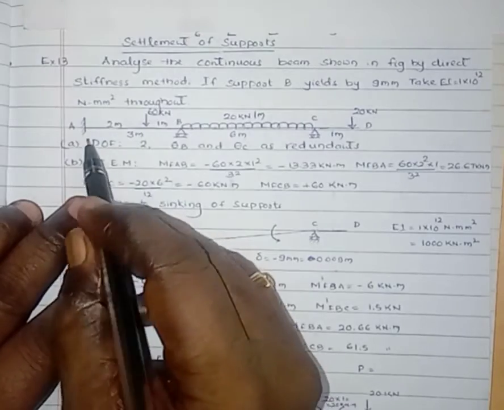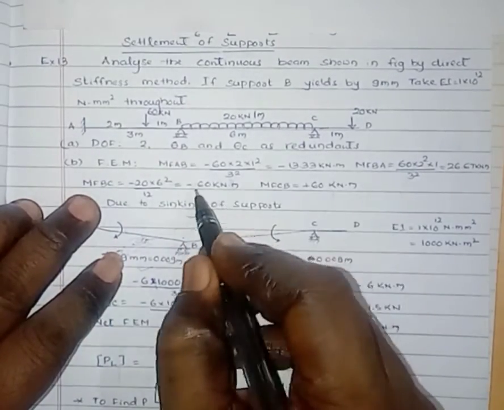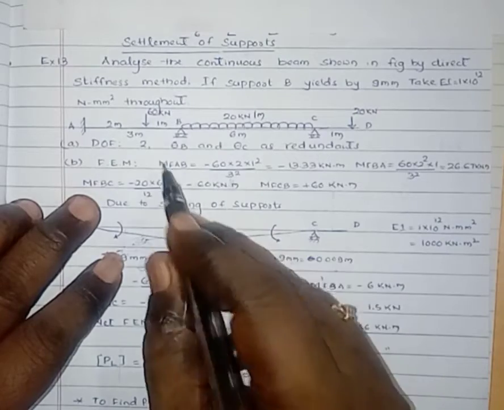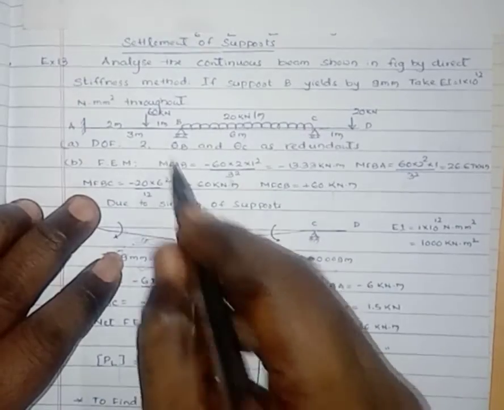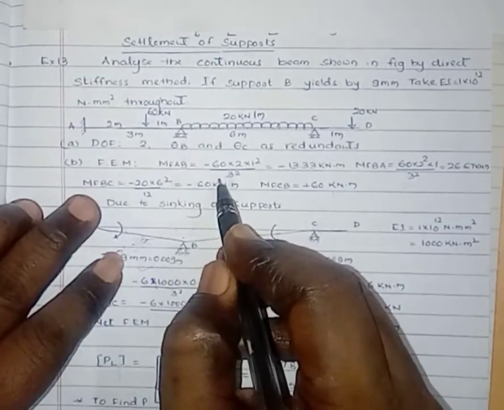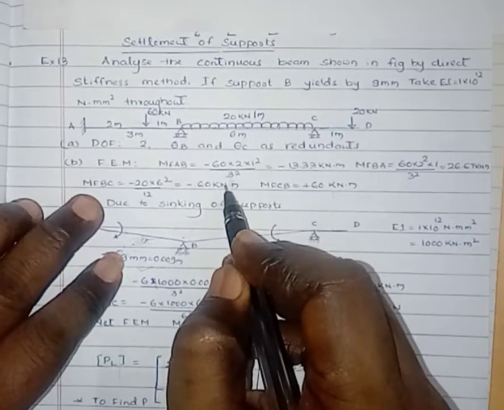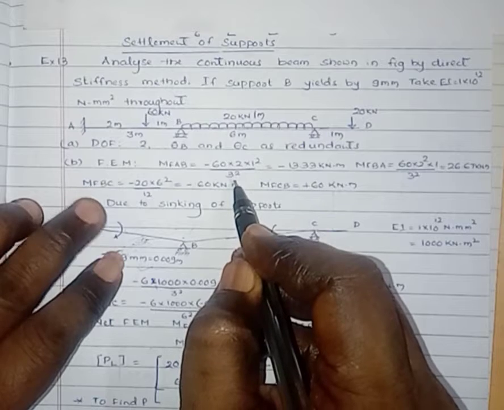Here first we have to consider span AB. AB is subjected to a point load of 60 kilonewton at a distance of a equals 2 meter, b equals 1 meter. The total length is a plus b, that is 3 meter. MF AB is anti-clockwise, hence it is minus W a b square by L square, that is minus 60 into 2 into 1 square divided by 3 square.